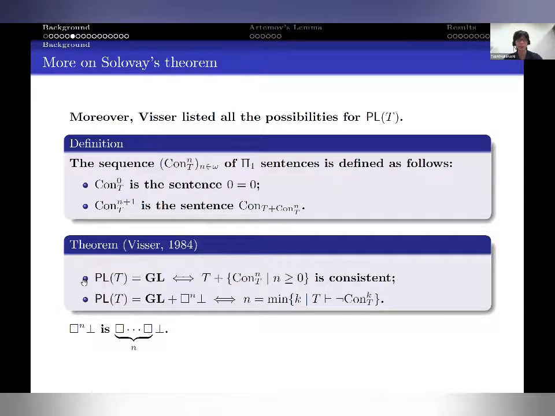First, he proved that the propositional probability logic of T is equal to GL if and only if this theory is consistent. The consistency of this theory means T does not prove the negation of conTn for any n.